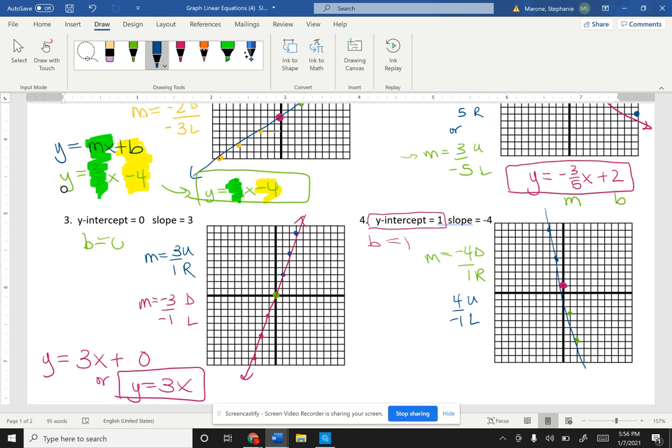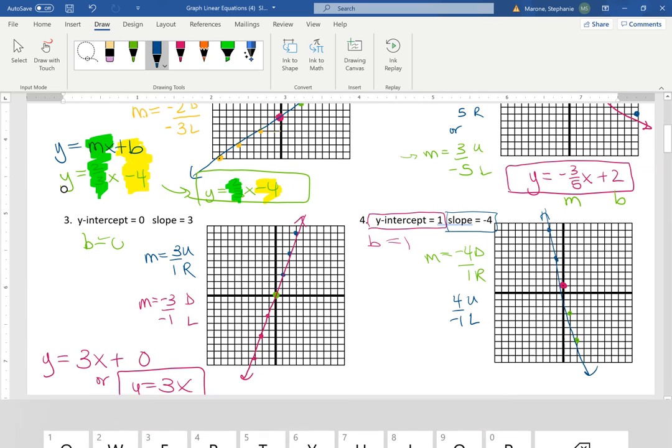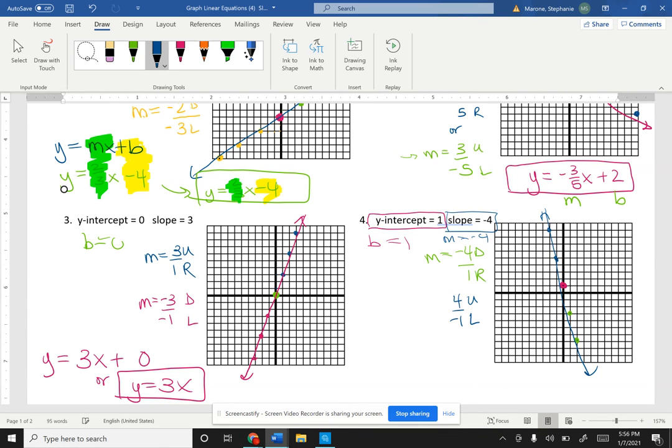And again, we can create that line. So y is equal to mx plus b, which is y equals negative 4x plus 1.